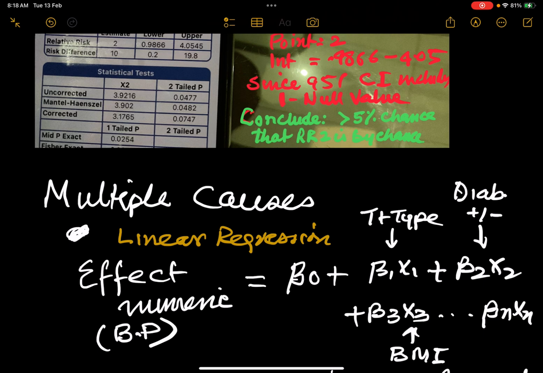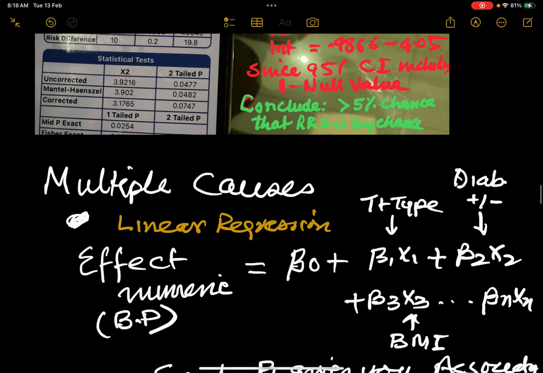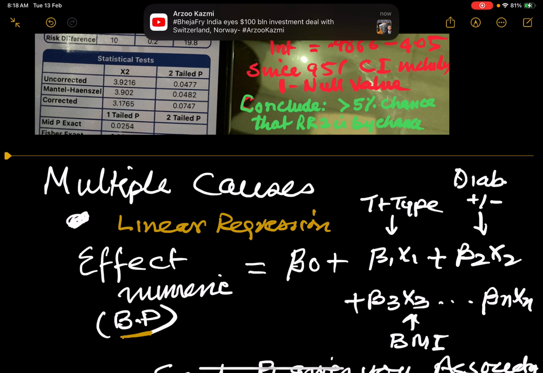So here, if the effect is numeric, for example, blood pressure or blood pressure response to treatment A or B, then there are other explanations of response. One can be diabetes, other can be age, the third can be body mass index. So there are multiple explanations.